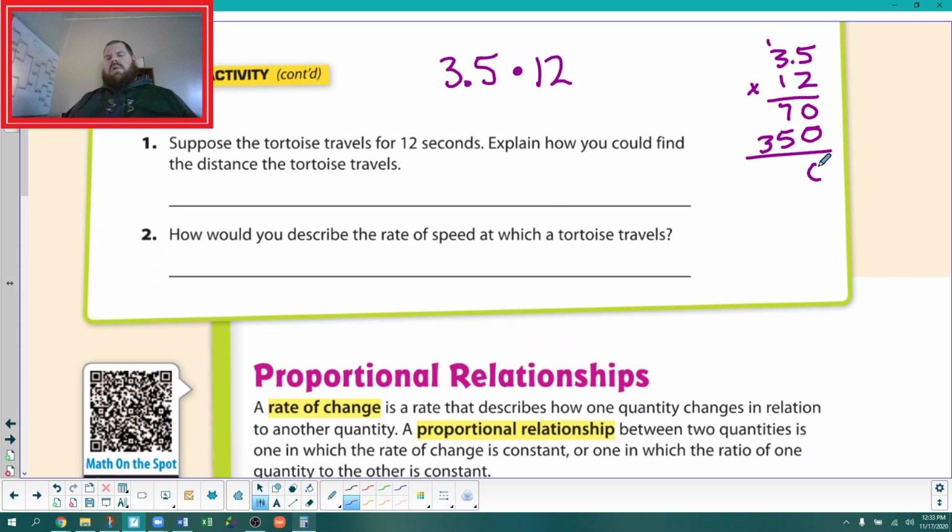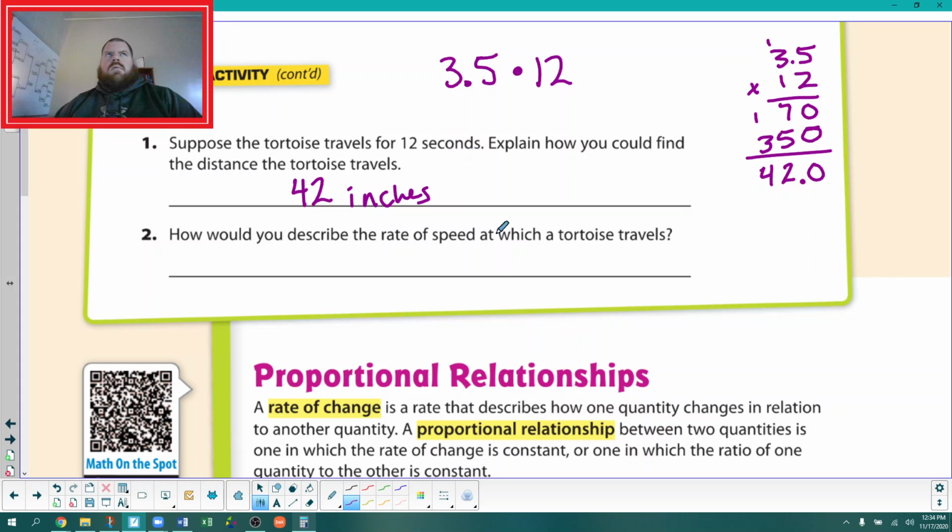So we get 0, 2, add 1, 42. I need 1 decimal place in my answer because I had 1 in my problem. But I should get 42 inches. So 42 inches in 12 seconds.